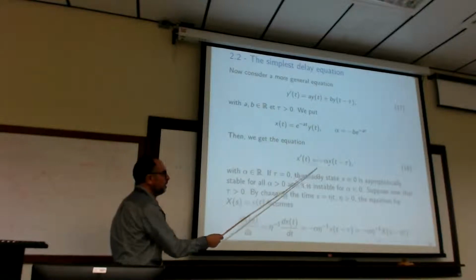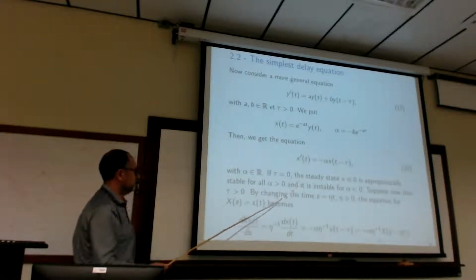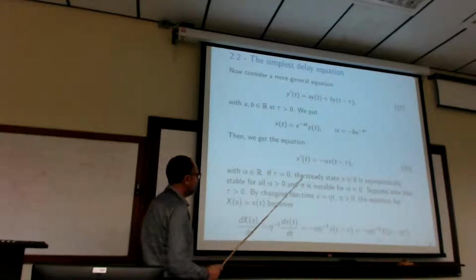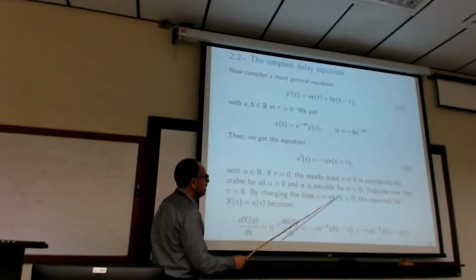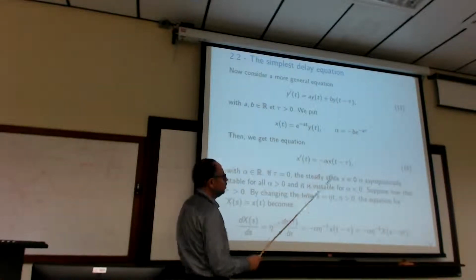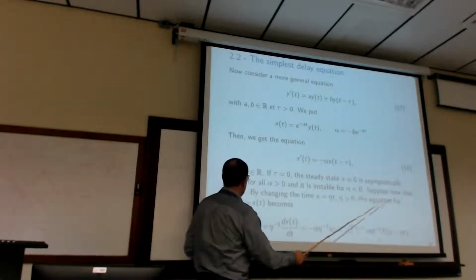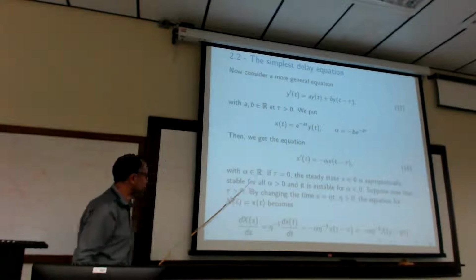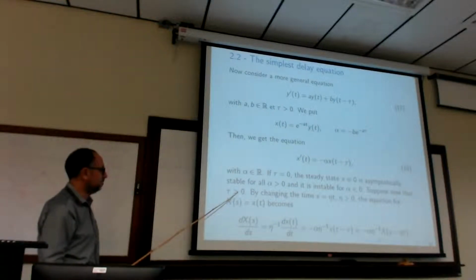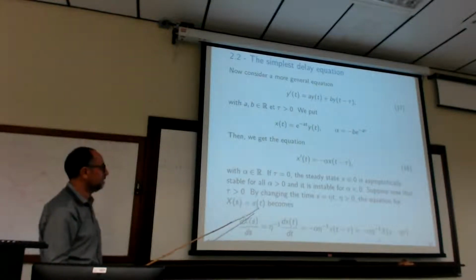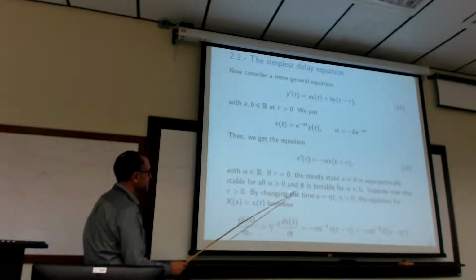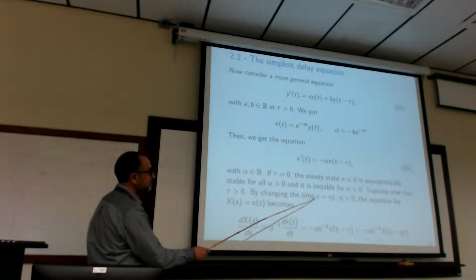That means the coefficient here is negative. And for tau equals 0, it's unstable if alpha is positive, which means we have an exponential that goes to plus infinity. And now if we suppose that tau is positive, we will make a change of time.